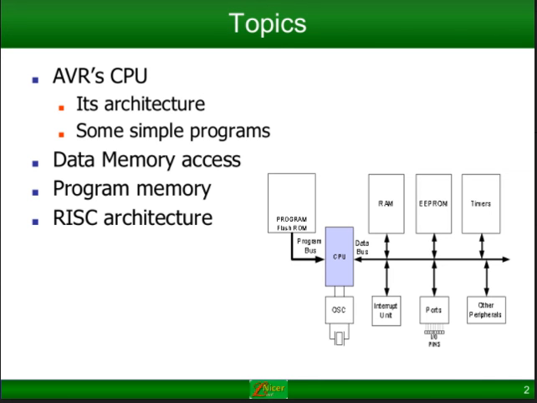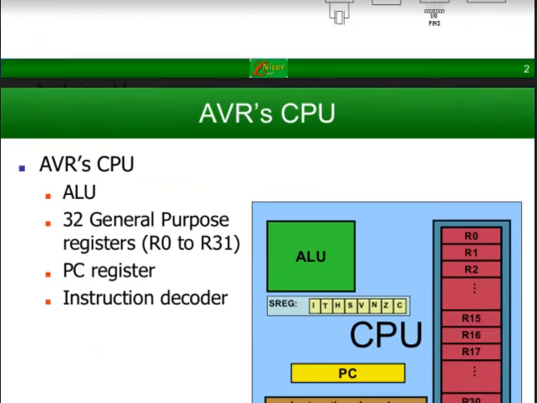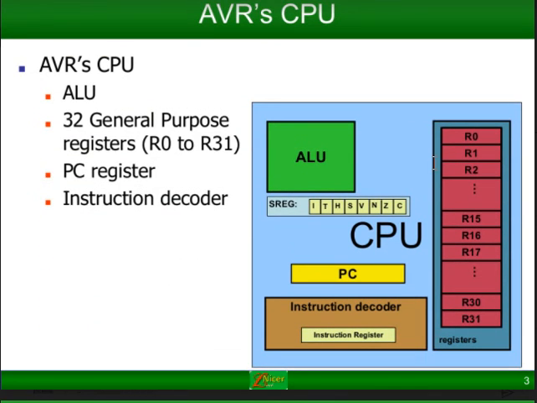Now we will move on to the AVR CPU. In an AVR CPU, there is this CPU, and the other components are totally separate, not found inside the CPU. They can be replaced and also modified based on the requirement. Now here is an AVR CPU.